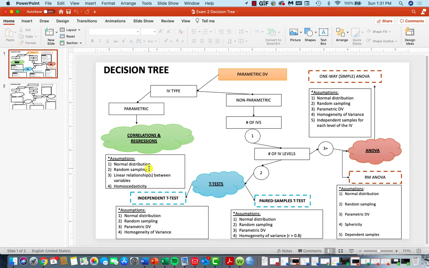And then we also need to have homoscedasticity. If you think about heteroscedasticity, that's where we have the fanning effect, where residuals gradually become larger. Residuals are the difference between a certain pair of points on a coordinate system and their distance from the line of best fit.